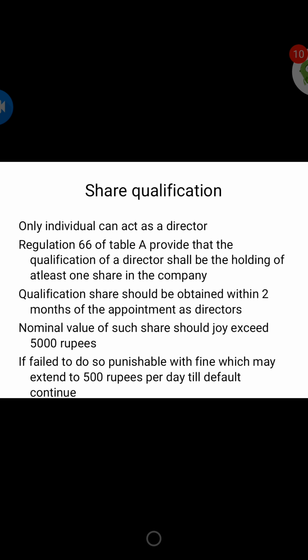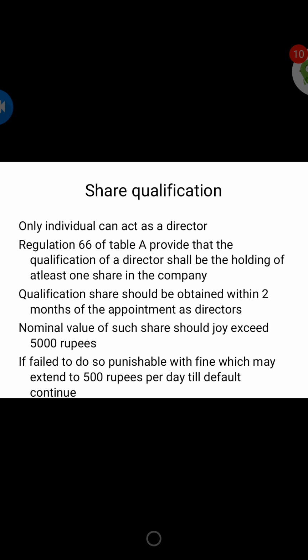So if you have shown interest to be the director and you are appointed, within 2 months of being appointed, you have to purchase the qualification share. And the nominal value of the qualification share should not exceed rupees 5,000.